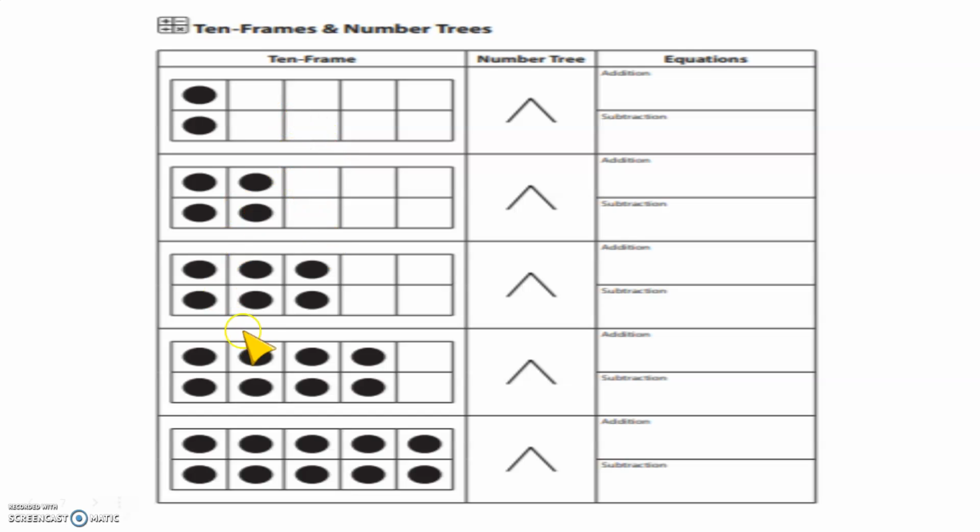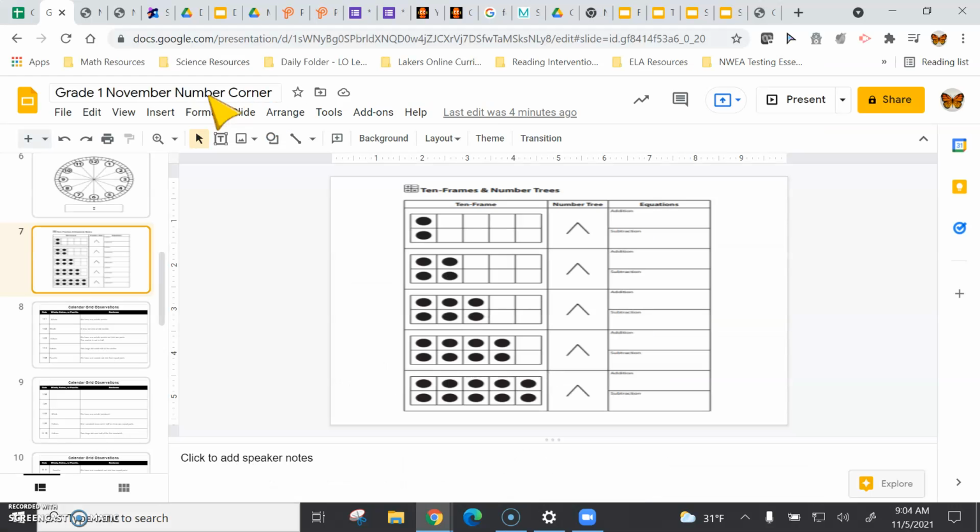With our 10 frames, we have the opportunity to help us understand doubles better. It helps us understand how to make doubles. And I'm going to show you with this first one here.